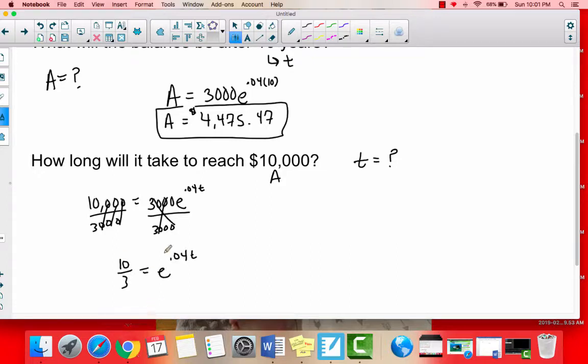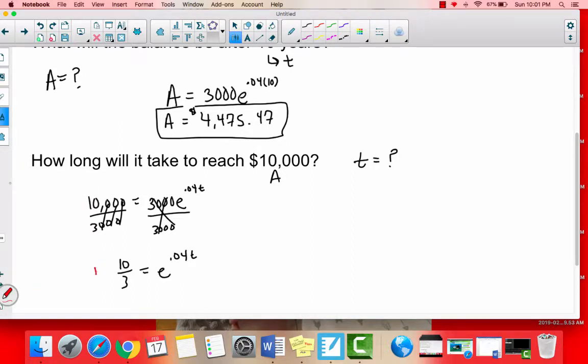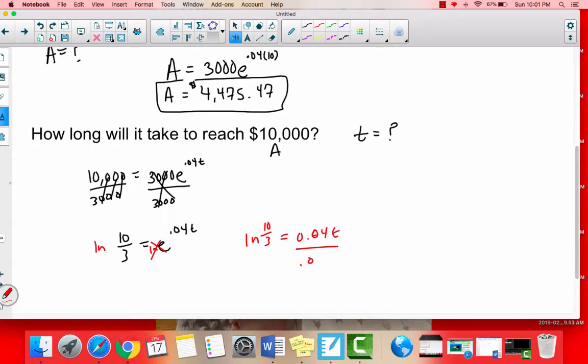Now I want to get the e eliminated from my equation so that t is on its own, and to do that, remember we said we take the ln of both sides. So I'm going to take the ln of 10/3 and the ln of e, because the ln and e will cancel, and I'll be left with the ln of 10/3 equals 0.04t. And the last step would be divide by 0.04.